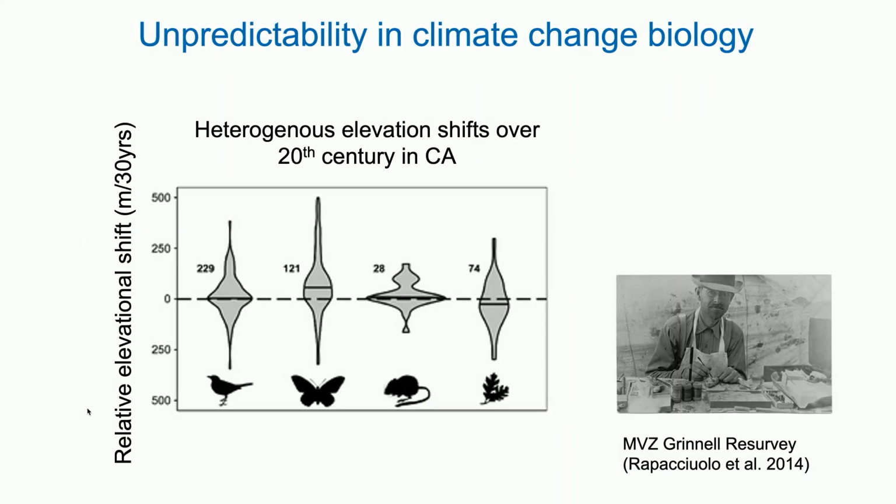And what really drives my research, and something I think we really need to understand better in order to take the necessary action in climate change, is to think about unpredictability. So on average, we see organisms are tracking environments by moving uphill. They are moving towards higher latitudes, but we also see a lot of variation.